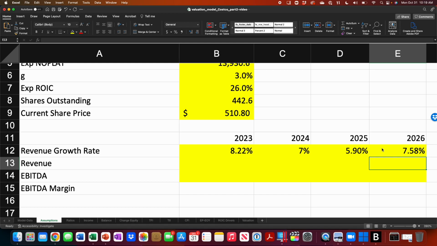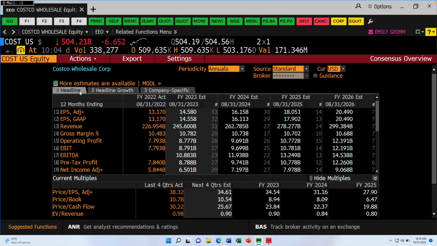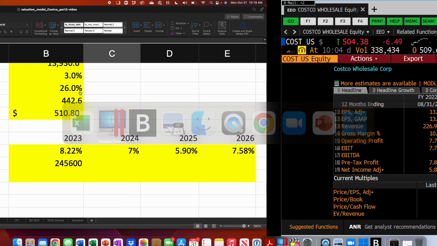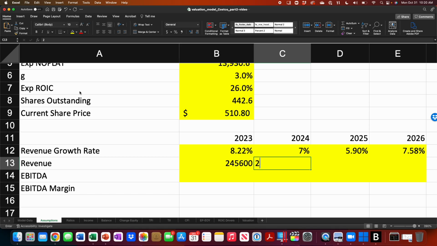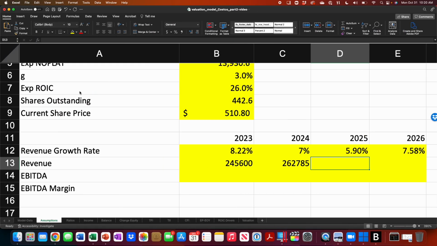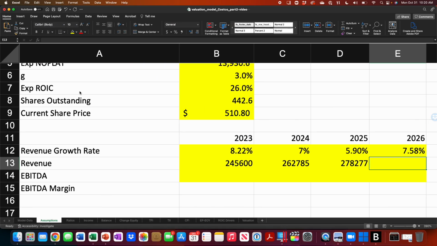Okay? If I translate that to dollars in 2023, the dollars of revenue turn out to be $245,600. $262,785. $278,277. $299,384.